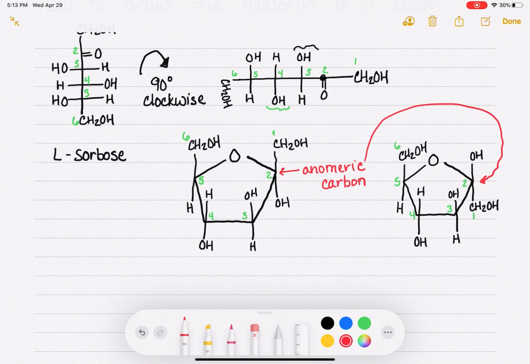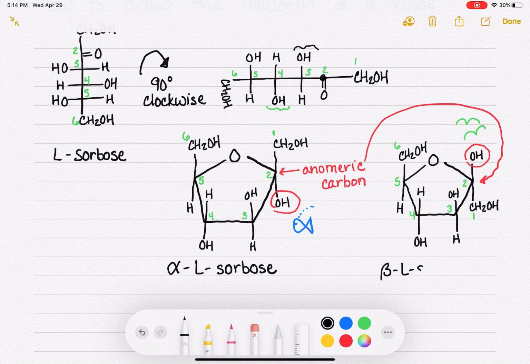So the first structure that we drew, because the OH group is down under the C with the fishies, is alpha L sorbose. And in the second structure we drew, because the OH group is up high in the sky with the birds, this is beta L sorbose.